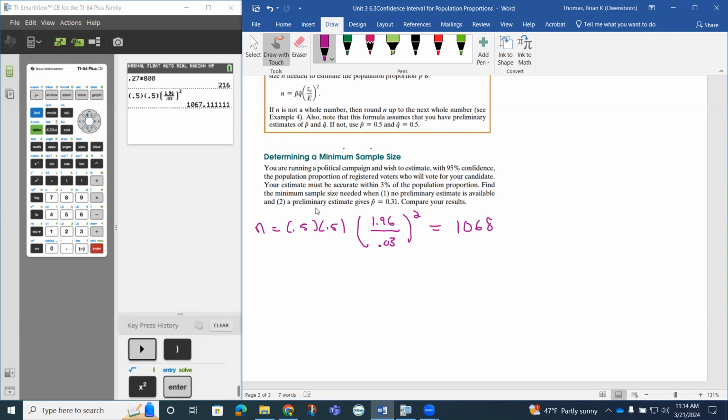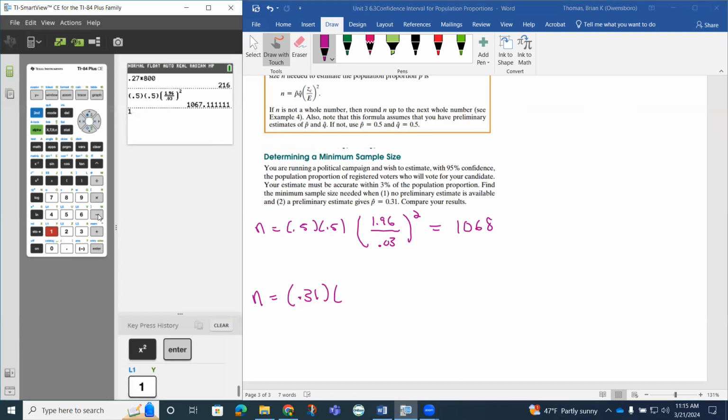Now, part 2 says, suppose the preliminary estimate says that 31% of the population is going to vote for our candidate. So if we do that math for our minimal sample size, we only want 31% of the people to vote for us. So q hat means there are a lot that are not going to vote for us.